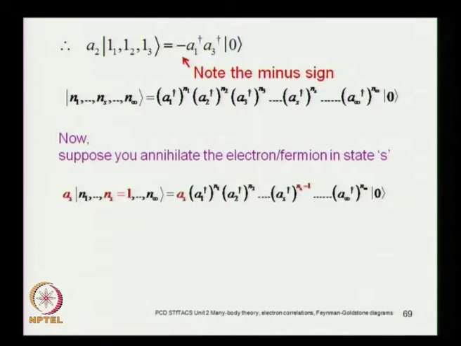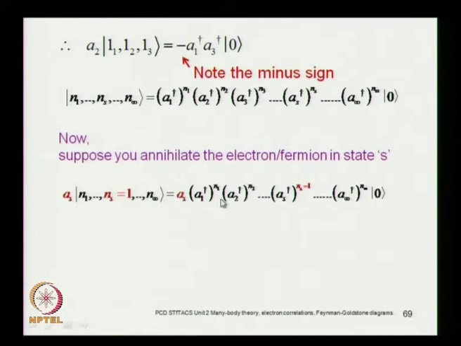So this is your result. A_S can destroy an electron only if the occupation number of the Sth state is equal to 1, not otherwise, okay, because that is the only one it can destroy. So N_S will have to be equal to 1, and this is now your expression that A_S now operates on this occupation number state.